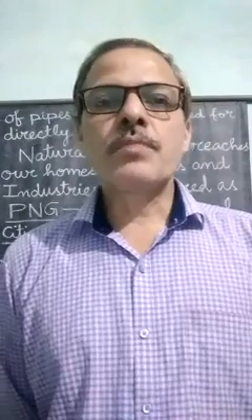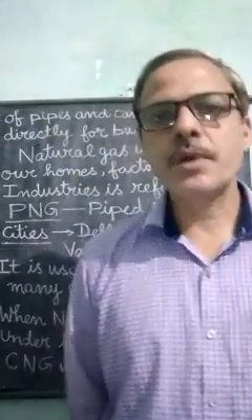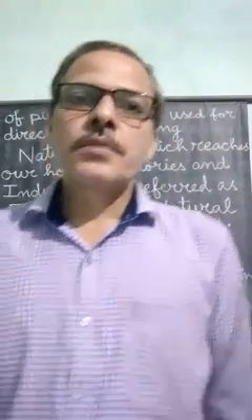What is happening during global warming? A thick layer of carbon dioxide is released as a result of the burning of fossil fuels used in our automobiles, for domestic purposes and in industries, in the form of smoke.